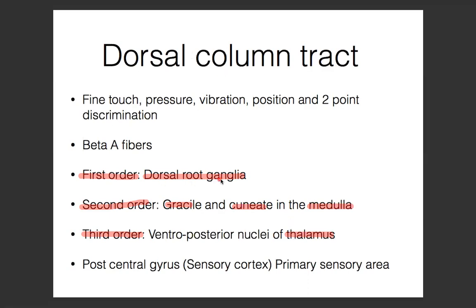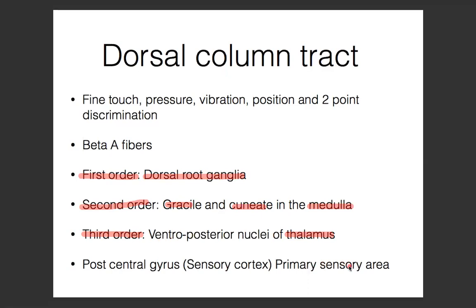In the first order في dorsal root ganglia, a second order في gracile and cuneate in the medulla, with third order في ventroposterior nuclei of the thalamus. Eventually it reaches the brain, where in the brain في primary sensory area, which is known as the post-central gyrus.